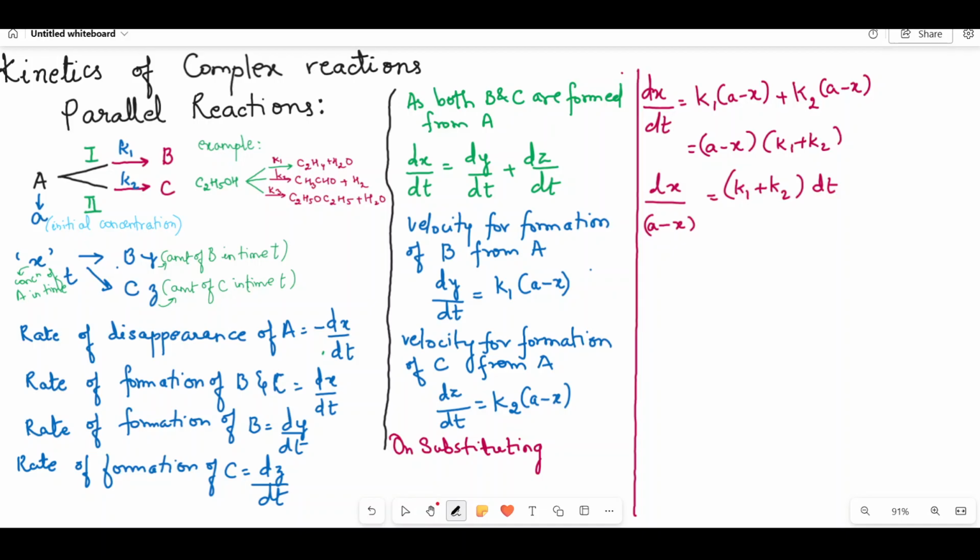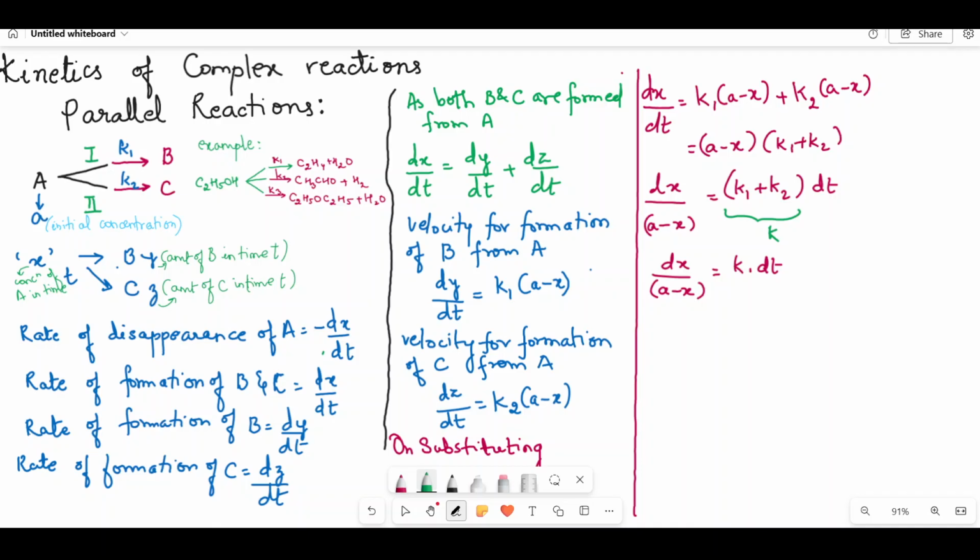So we can say dx by (a minus x) is equal to k dt, where k1 plus k2 is considered as k, like in our opposing reaction.